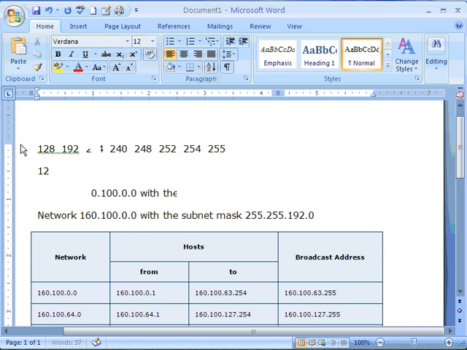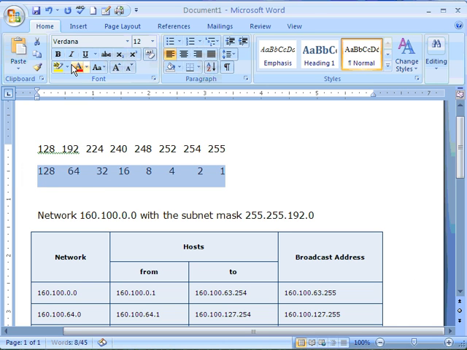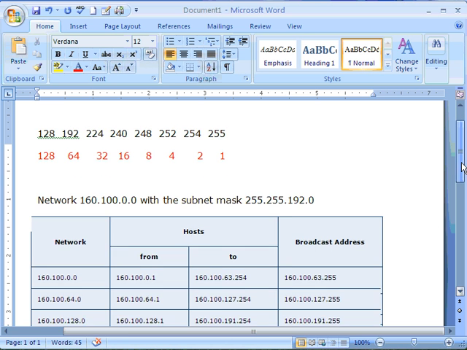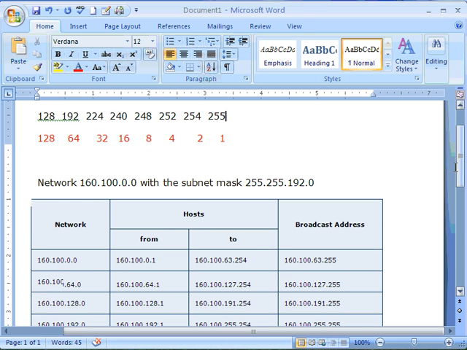Do you remember this table? 128, 64, 32, 16, 8, 4, 2, and 1. Remember the bottom number is the range increment. That's this in here, the range increment. We'll put it in red. And the top number is going to be your subnet mask number, okay?